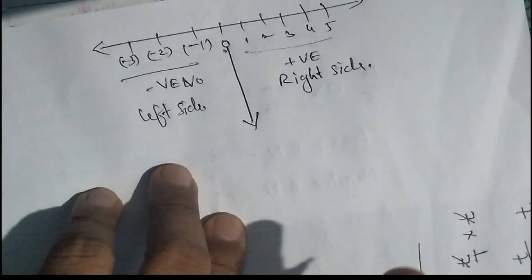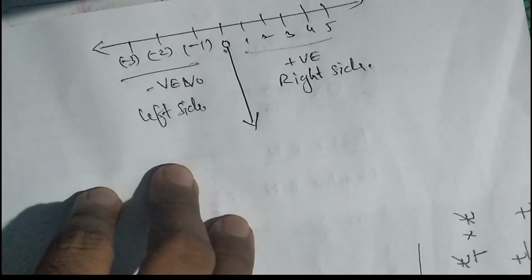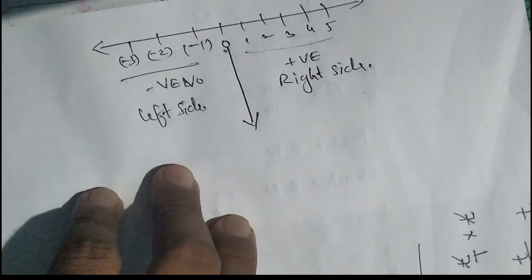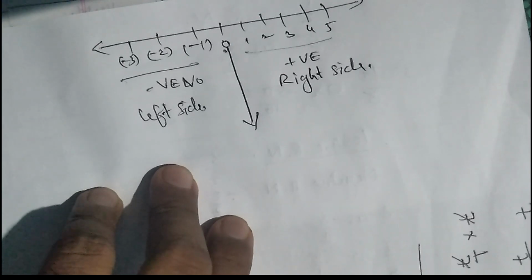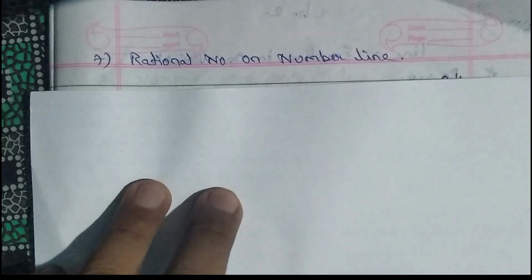Now this is what you have studied in your previous class in standard 6. Now you are going to plot rational numbers on the number line. Let's see how to plot rational numbers on the number line.